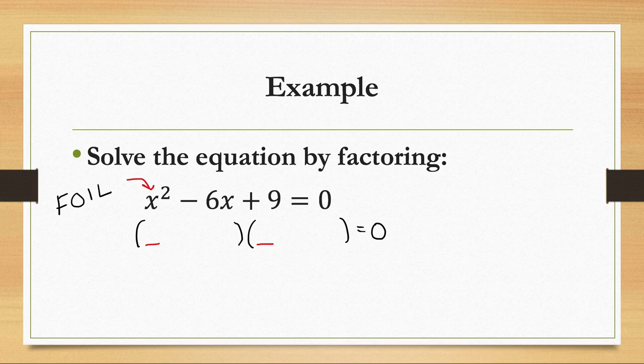So in terms of multiplication, the only way that you can make x squared is by multiplying an x times an x. So that part is actually pretty easy because you have no choices. It has to be x times x to make x squared.